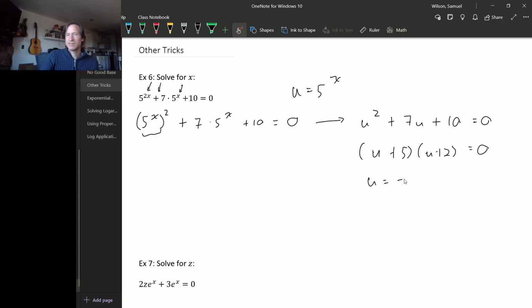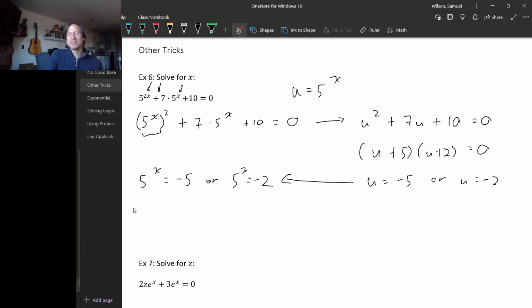So u is minus 5 or u is minus 2. But now we can switch back to our x's. Remember, u is really 5 to the x. So this says 5 to the x is negative 5, or 5 to the x is negative 2. All right, and now we can solve these two equations.